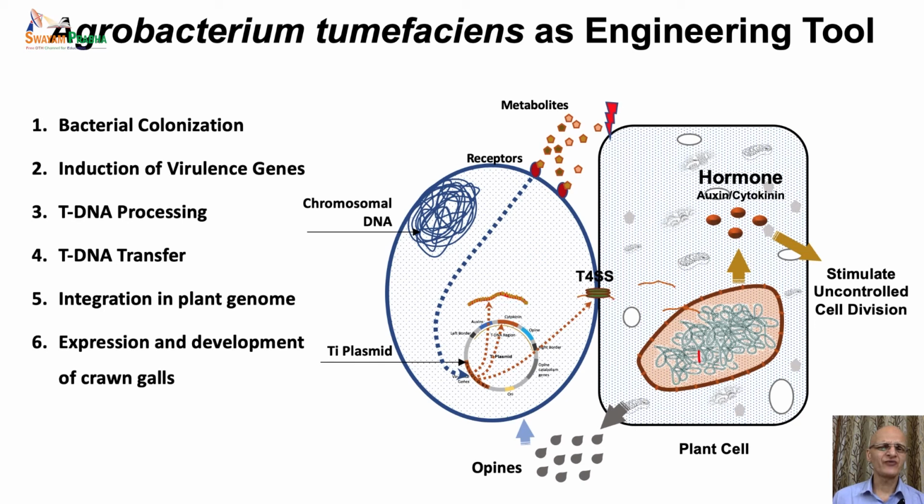Now, if you carefully study the whole mechanism of this Agrobacterium infection, you will find that right from the bacterial colonization to the integration of the tDNA into the plant genome, which includes the induction of virulence gene, processing of the transfer, transfer of tDNA to the plant cell and its integration into the plant genome, tDNA is not taking part in this whole process.